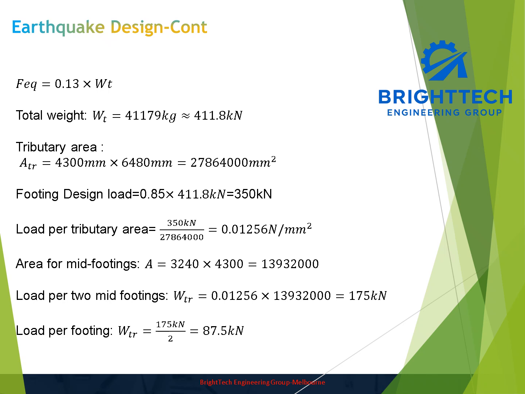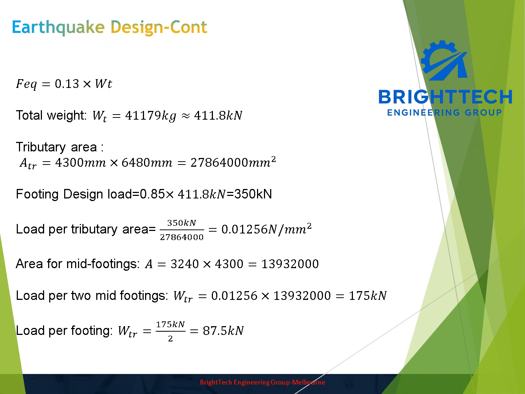So 0.85 multiplied by the total weight is the 350 kilonewton is the load that we need to design the footing for. The load per tributary area is 350 over the area, which results in the pressure in kilonewton per square millimeter.